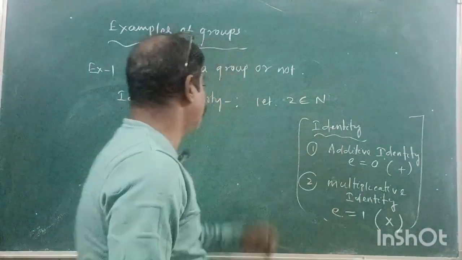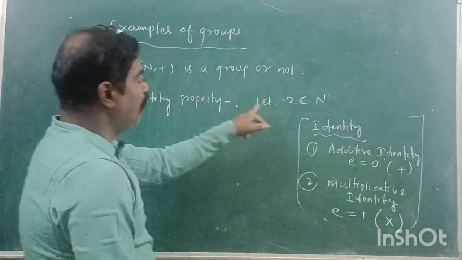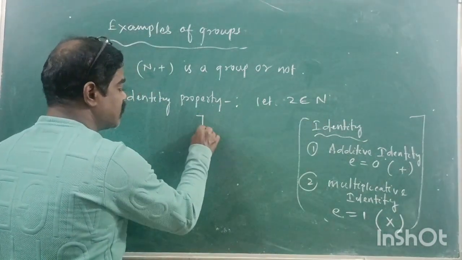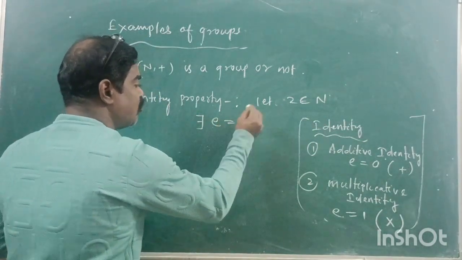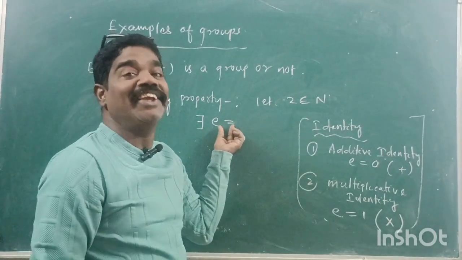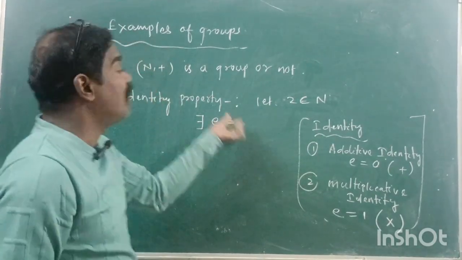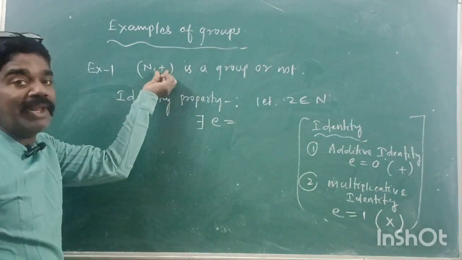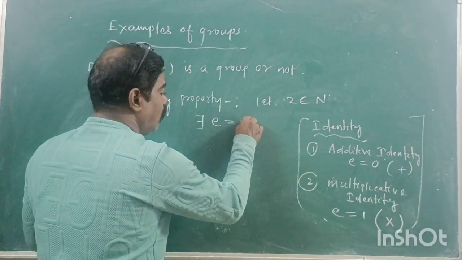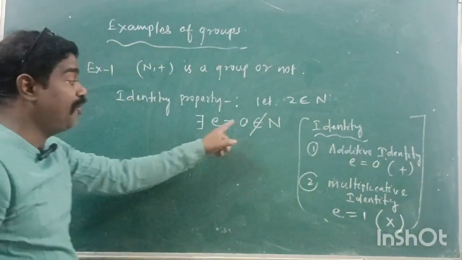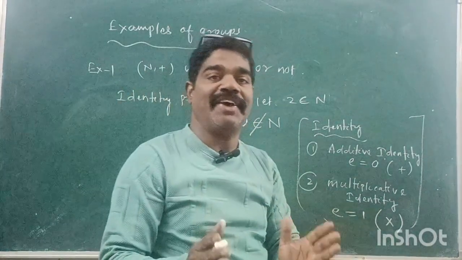Okay, fine. So see here, 2 belongs to N. There exists e equal to how much? Can you tell me? e is equal to 0. Why? Because the binary operation is plus. So can you tell me, does 0 belong to N? No. 0 does not belong to N. Right or not?